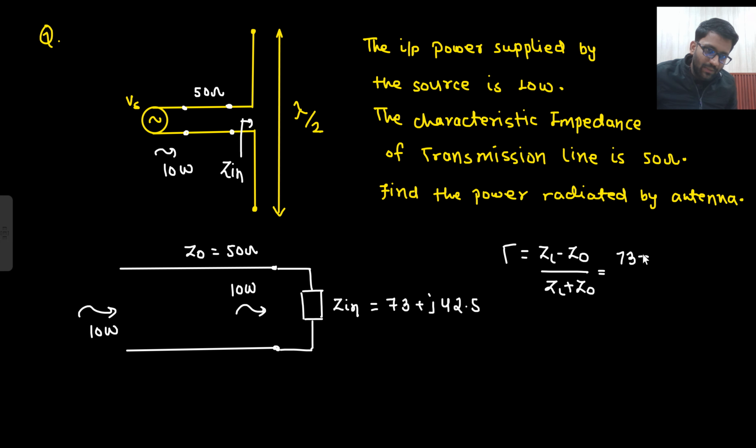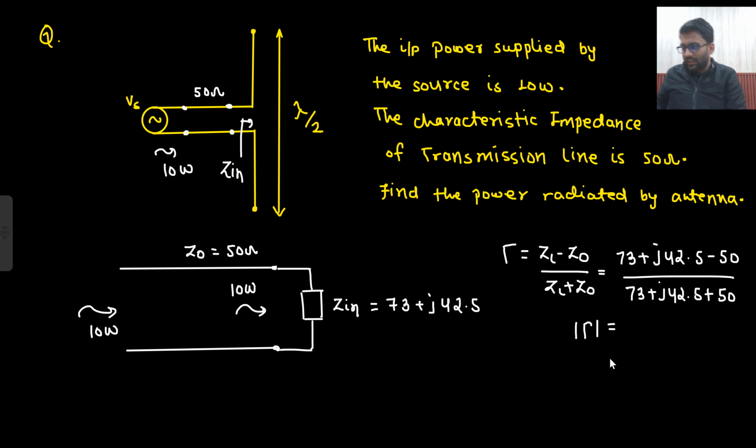So 73 plus j42.5 minus 50 upon 73 plus j42.5 plus 50. So what will be the reflection coefficient? I guess I already know the answer. I will see it somewhere. It is there somewhere in this. So let's not waste time.